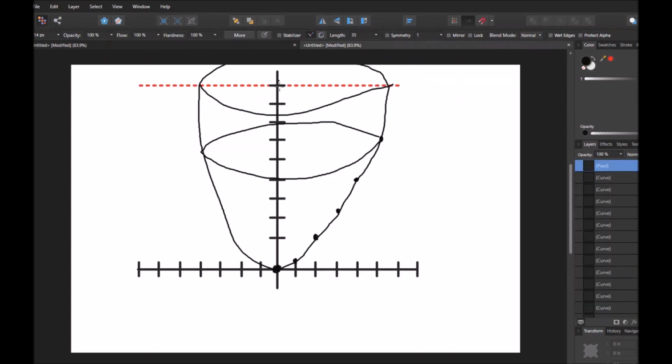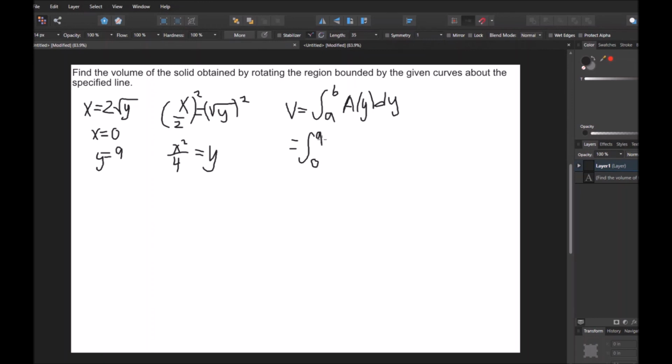So we're looking at the y-axis here, and it bounds from 0 to 9. So our interval is 0 to 9, and our area function is going to be pi times the radius squared dy.